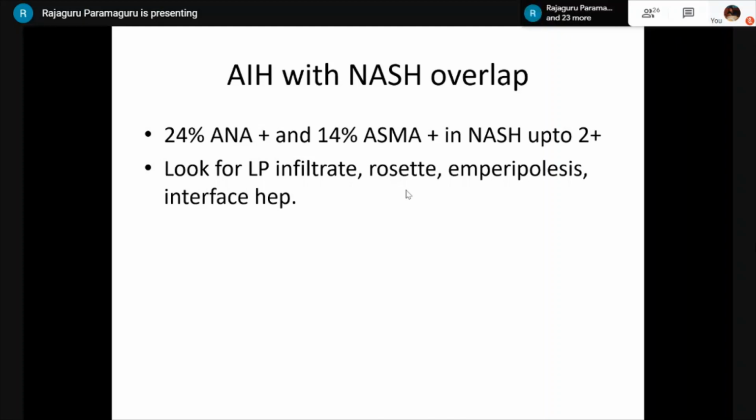So you have to look for other features like a lymphoplasmacytic infiltrate, rosettes, emperipolesis, or interface hepatitis if you are thinking of overlap. If not, it can be normally also present in a NASH patient. You can have some positivity of ANA. So be aware of that.